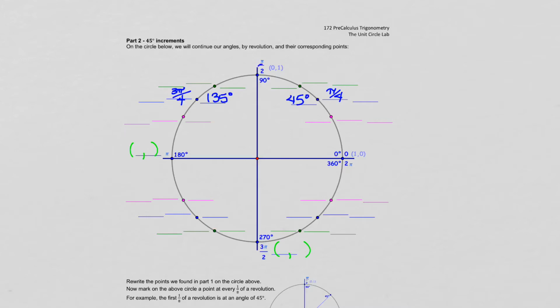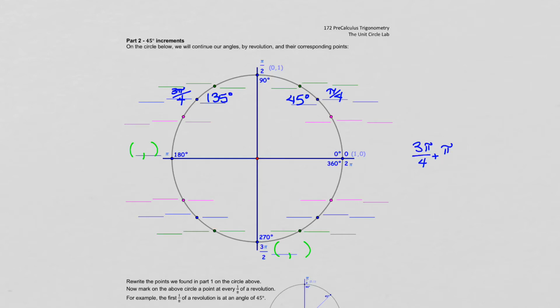And so the next one was at 90, and then we went to 135, or 3 pi over 4. Adding another pi over 4 gets us to pi. If you add pi over 4 to pi, that gives us the third one. So you'll just go over to the side and say 3 pi over 4 plus pi.